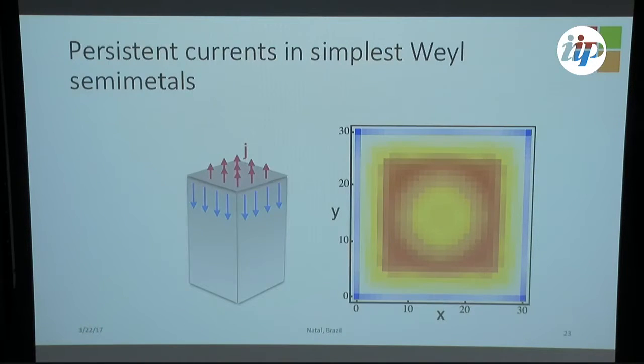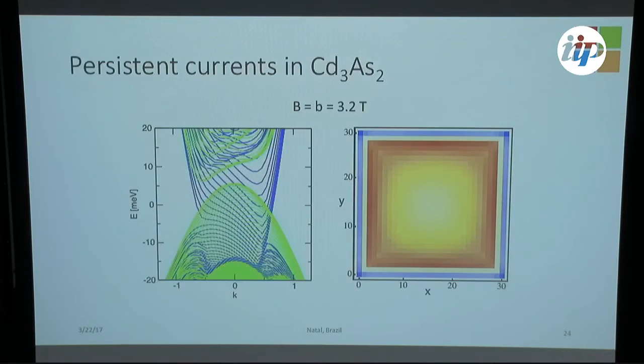If we have the simplest case of a Weyl semimetal with two Weyl cones, then time reversal symmetry is inherently broken, and then we have persistent currents in the bulk, and then the edge going in the opposite direction. But one can also get the same result for the actual model of cadmium arsenide Dirac semimetal obtained from first principles calculation.